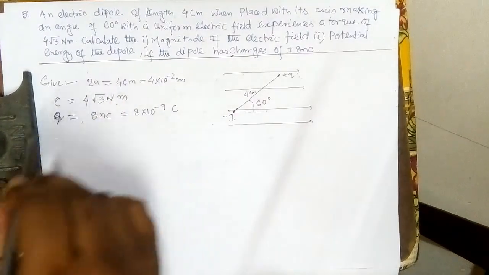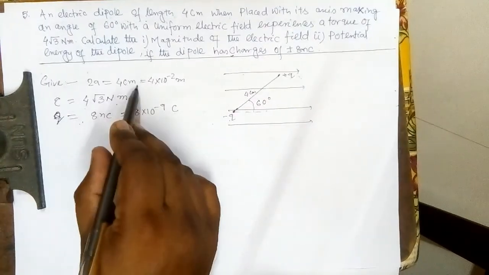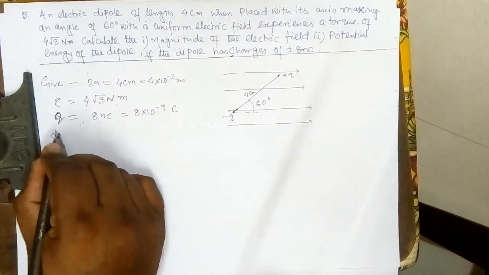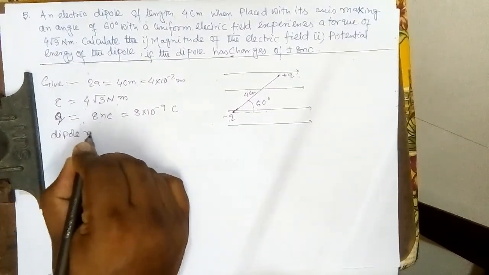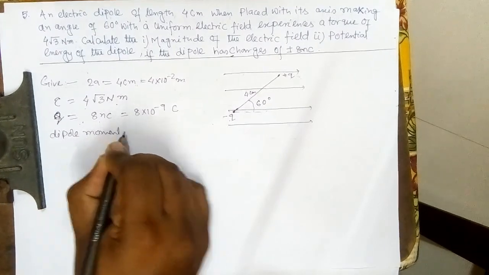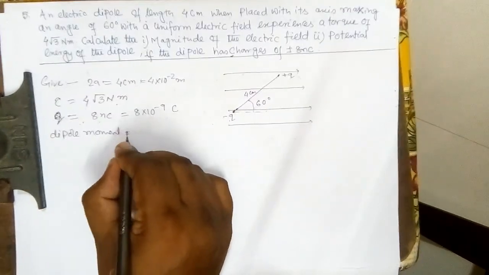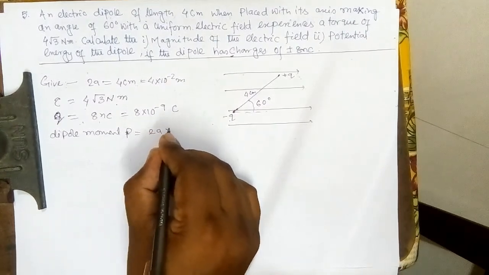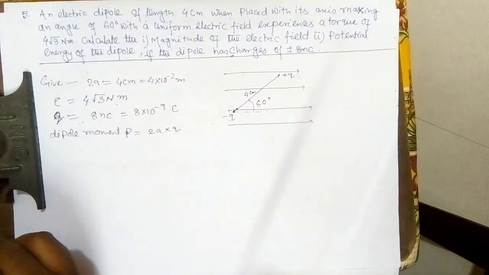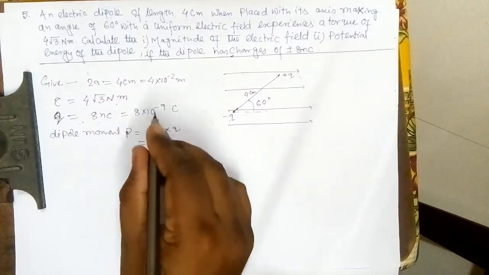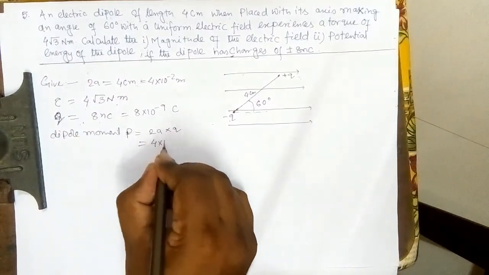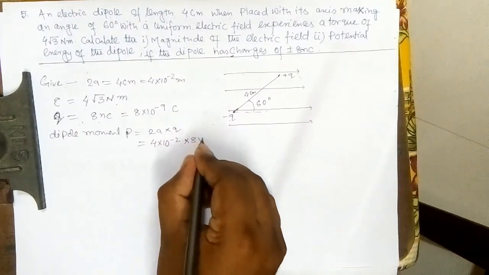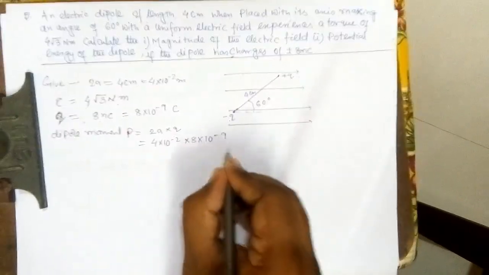So from here we can find out the dipole moment. Dipole moment P equals 2a into q. The value of 2a is 4 into 10 to the power minus 2, and the value of q is 8 into 10 to the power minus 9.